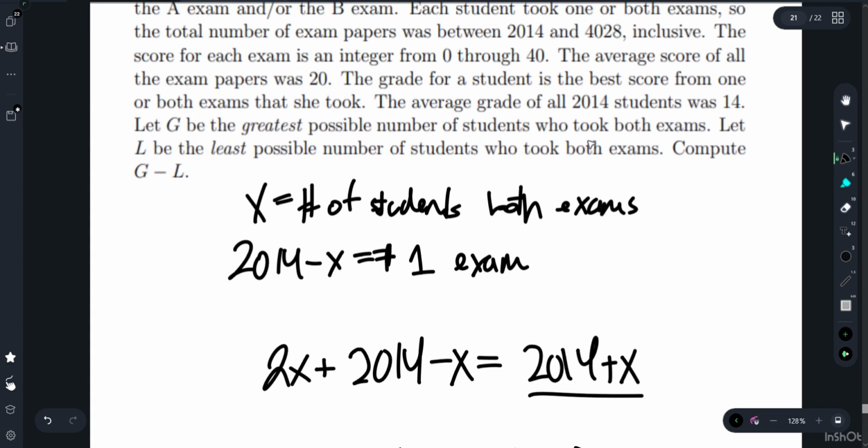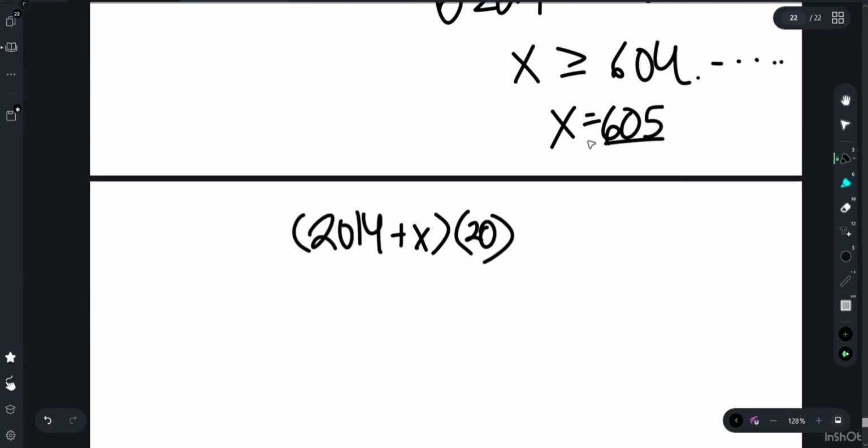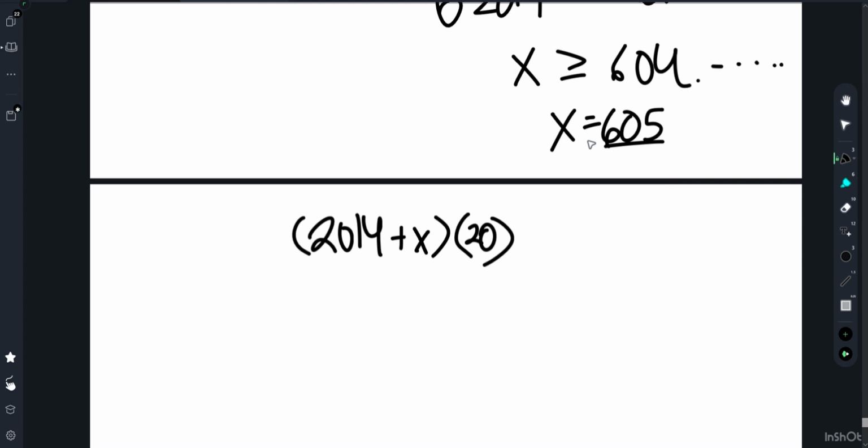Realistically, the minimum bound is when both exam scores were the exact same, and that means they can be as low as possible. For example, the scores include the second sum twice, but the grades only include it once. And so this is just greater than or equal to 2 times 14, 2014.